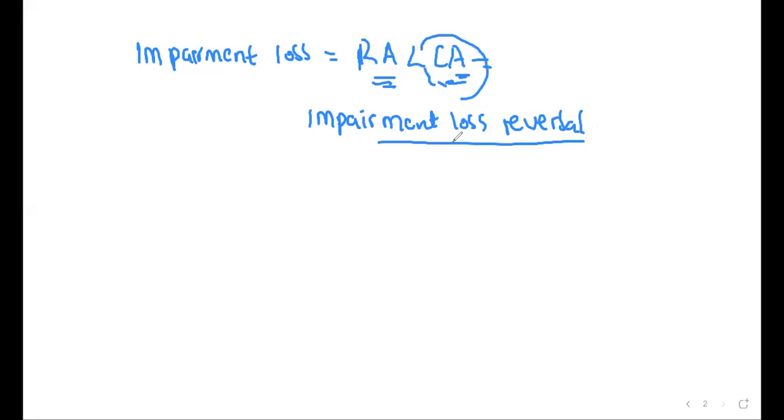I think you will see when we do International Accounting Standard 36, there's a situation where we do impairment loss reversal, which means the recoverable amount is now more than the carrying amount of the asset. So that impairment loss reversal, you take it to the profit and loss. It's no more an expense.